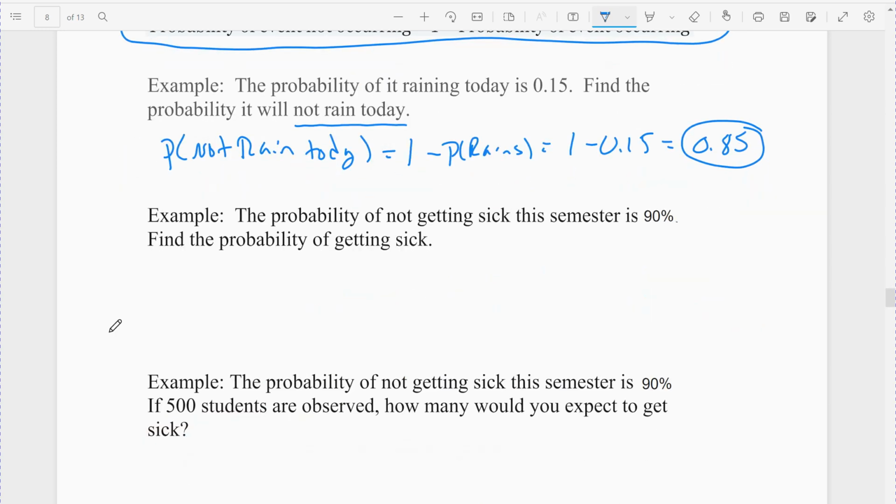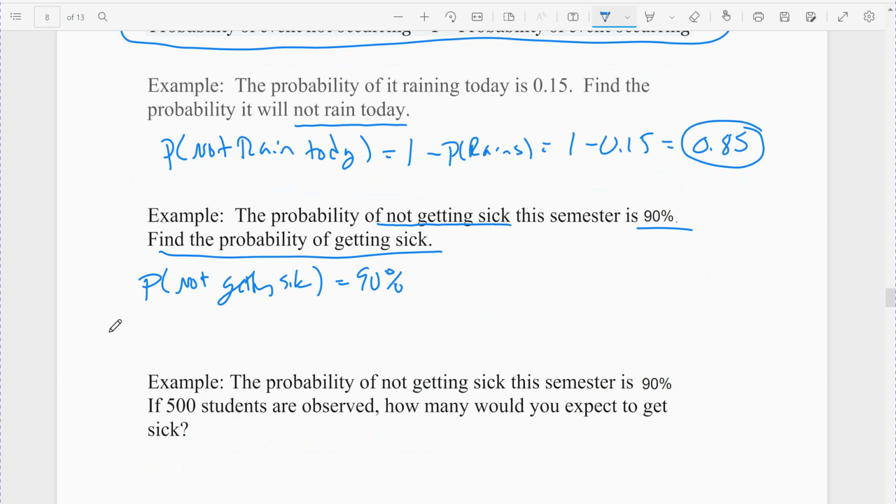The probability of not getting sick. This time they're actually giving you the complement. The probability of not getting sick this semester is 90%. Find the probability of getting sick. So the probability of not getting sick is 90%, or if you wrote the decimal, 0.9. I'm going to leave it as the percent, because it's just as easy to understand as a percent.